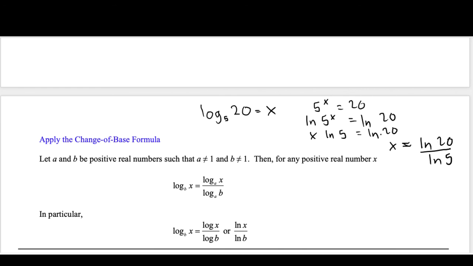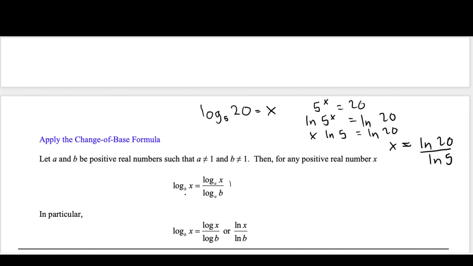Basically what I did here is a proof of what we call the base change theorem, which is stated right here. If we let a and b be positive real numbers, such that a is not equal to 1 and b is not equal to 1, then for any positive real number x, log base b of x can be written as log base a of x divided by log base a of b.